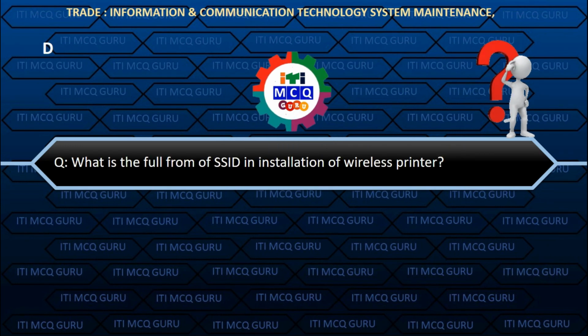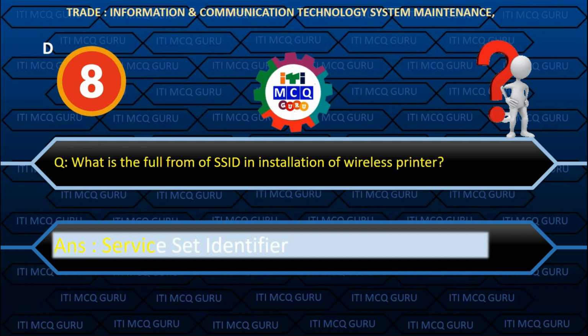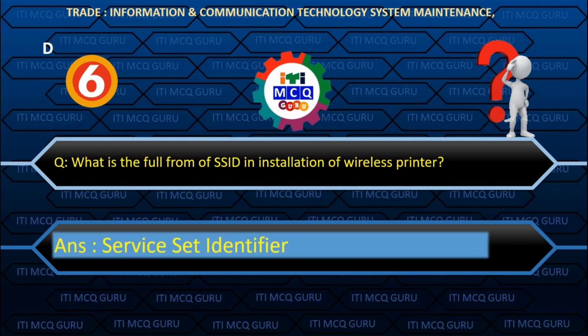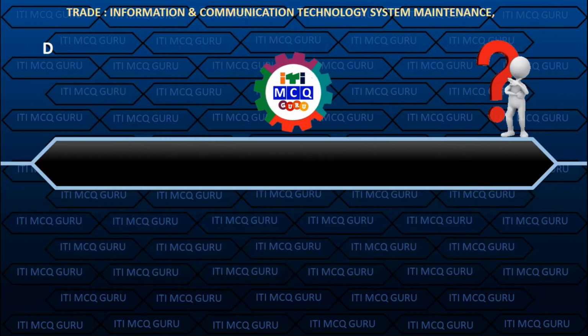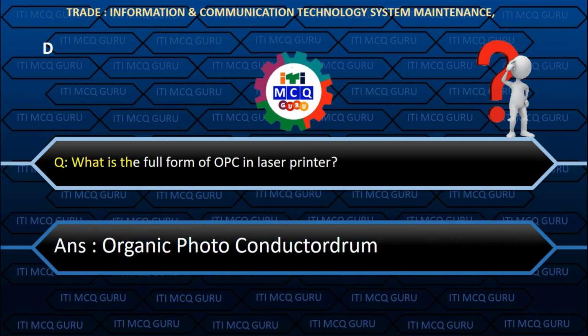What is the full form of SSID in installation of wireless printer? Answer is Service Set Identifier. What is the full form of OPC in laser printer? Answer is Organic Photo Conductor Drum.